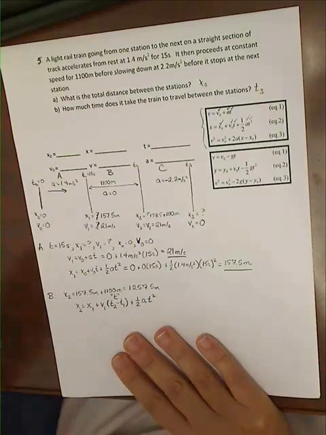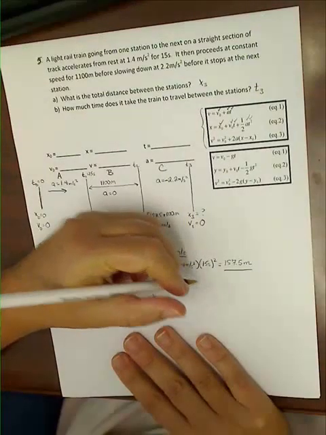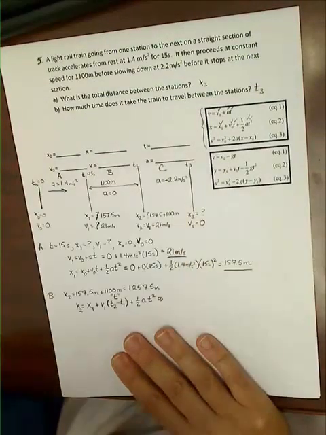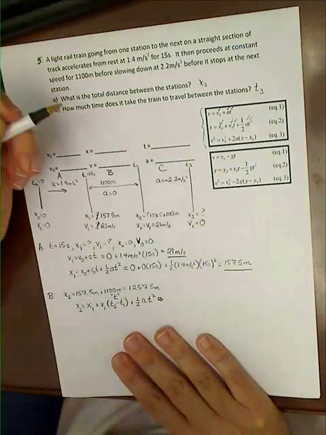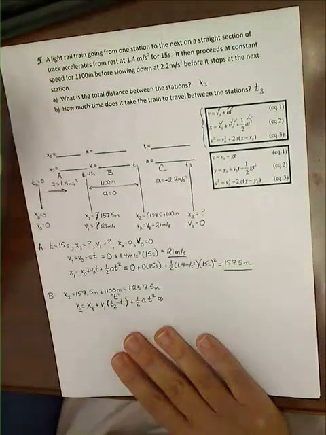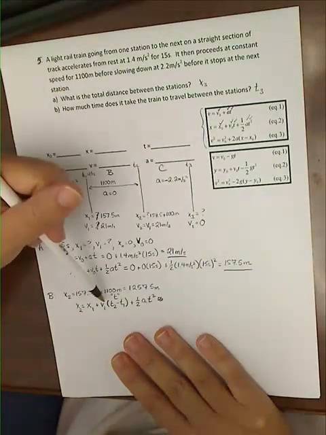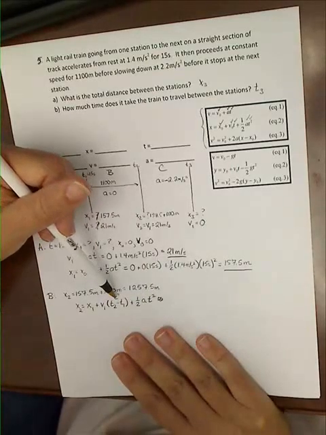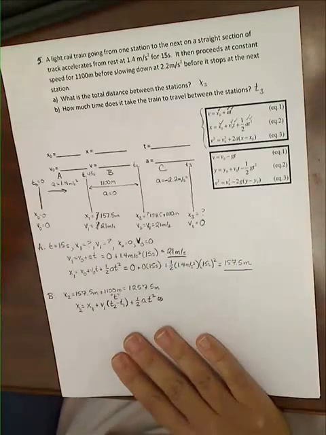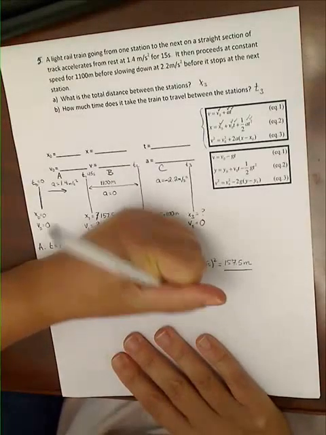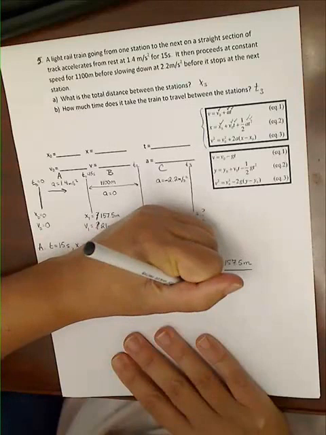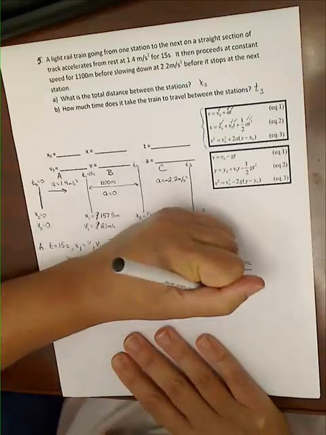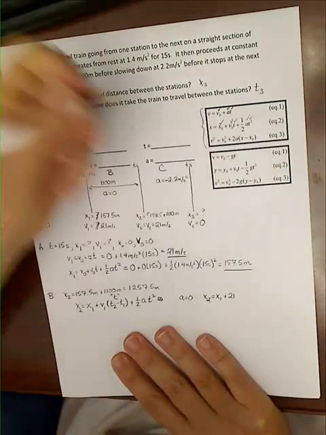Okay, so plug in our numbers. Well, actually, first let's plug in our numbers a little bit to make the equation easier to solve. Technically, what we should do is just algebraically solve for the time, which is going to make us use the quadratic formula like we did in the previous problem. But we know that a is equal to 0. So since a is equal to 0, what we really get is x2 is equal to x1 plus v1, which is 21, times t.